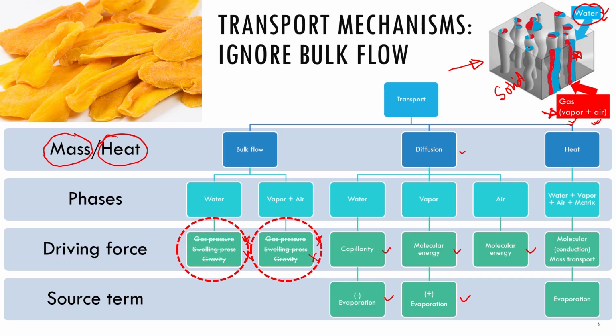Finally, evaporation, that is really distributed throughout the food material. It may be more near the surface where the temperature may be higher, or higher somewhere else, but really it's throughout the material, throughout the food, there is going to be different amounts of evaporation. So that will need to be considered.